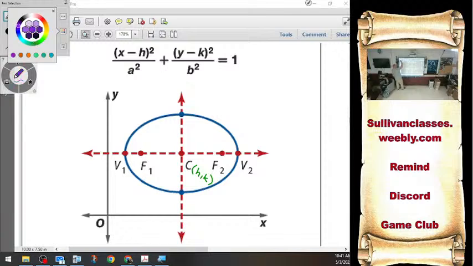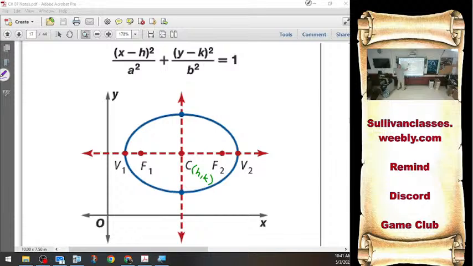If A squared is the denominator, the square root of that gets me A. I'm going to go A in this direction and A in that direction to find my vertices. B squared is the other denominator. I square root that, I get little b. I'm going to go B in that direction and B in that direction to find my co-vertices.